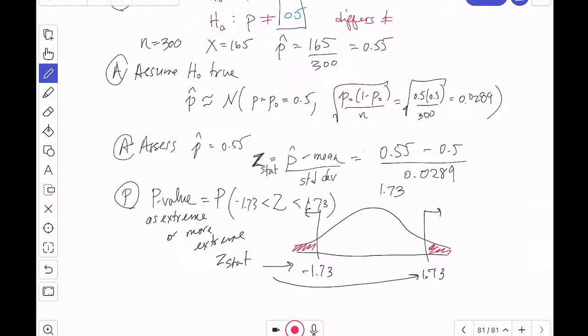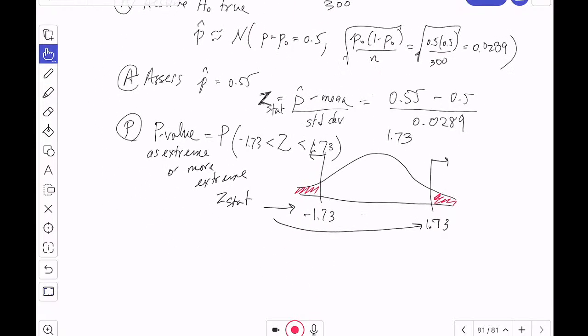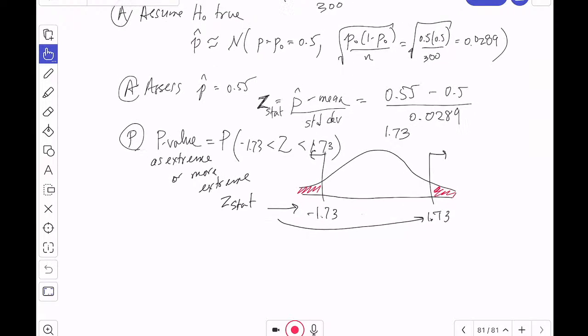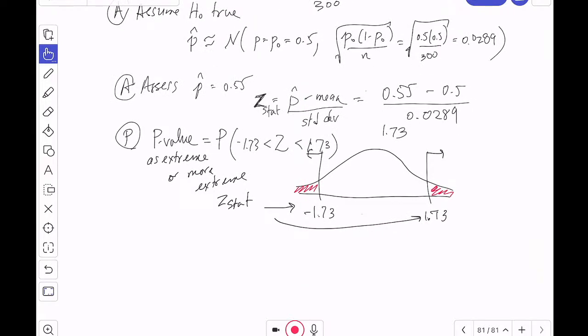And then you look it up, and what do you get? Now you could use the table or you could use Excel for this. So I recommend using the left side.